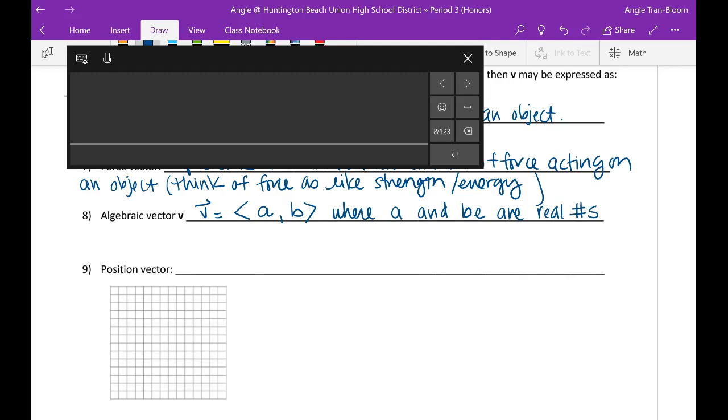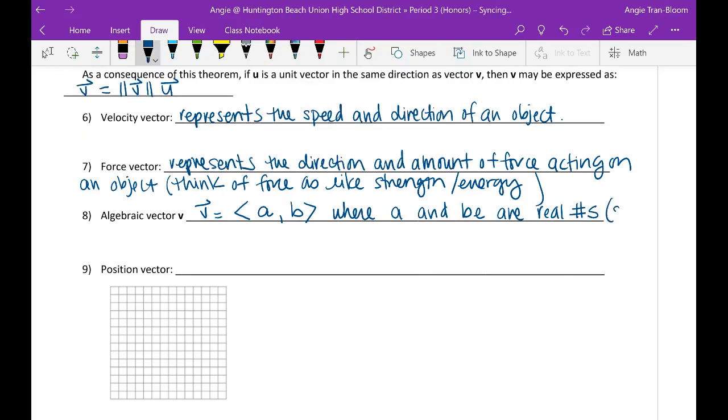Because in the earlier unit, we dealt with imaginary numbers too, I want you to understand that in vectors we use real numbers here. Any real number that you see is called a scalar. The a and b are called components.